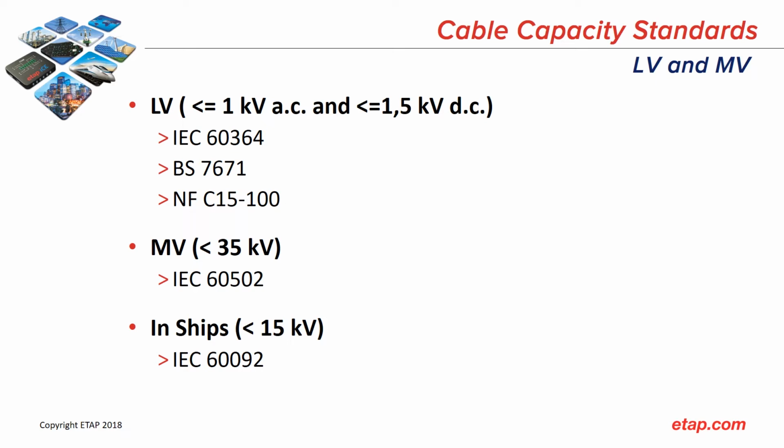IEC 60502 is a medium voltage standard, and it's applicable to installations with voltages less than 35 kV. Lastly, the IEC 60092 standard pertains to electrical installations in ships with voltage levels less than 15 kV.